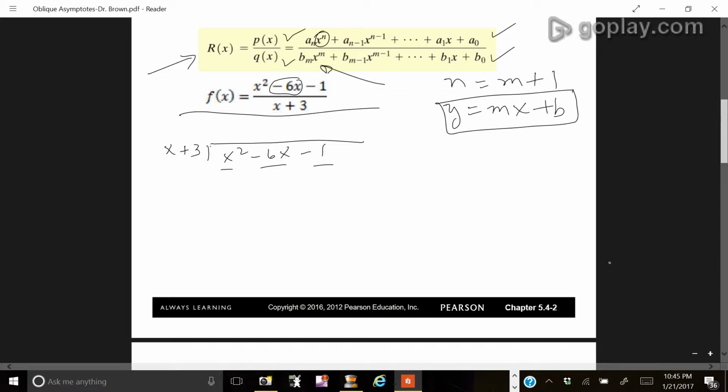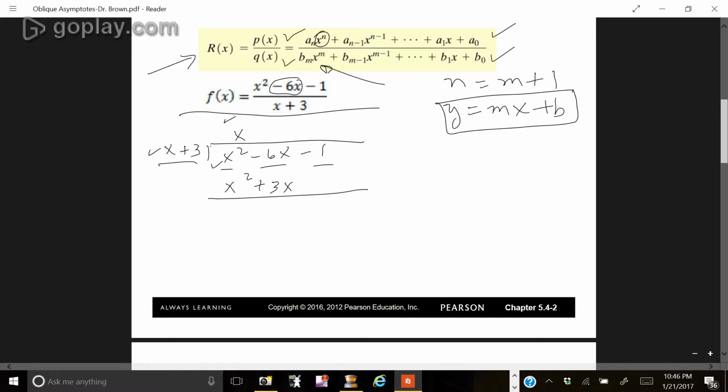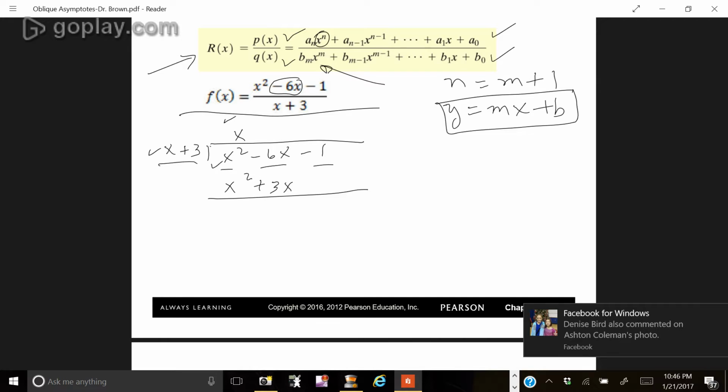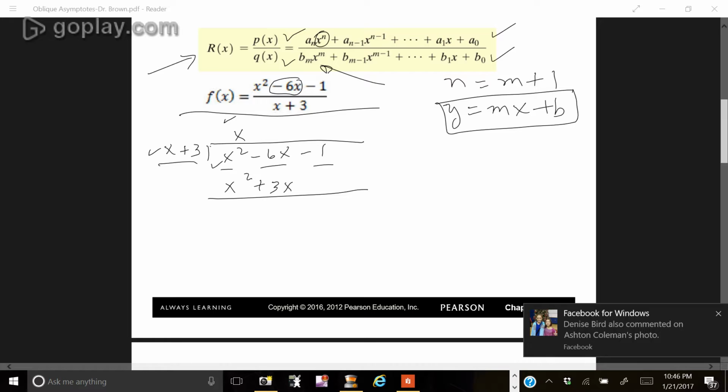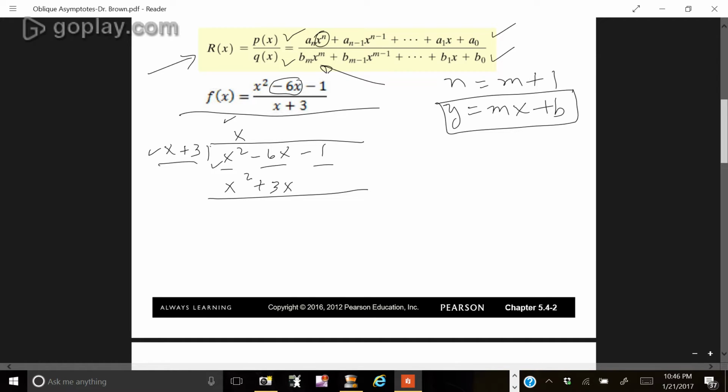So we start out by taking the x and dividing it into x squared, and we get x. Now, just like you do in regular long division, you multiply this by the divisor, and we get x squared plus 3x. Now, just as we do in long division, which I guess a lot of us don't do anymore because we have a calculator, we subtract.